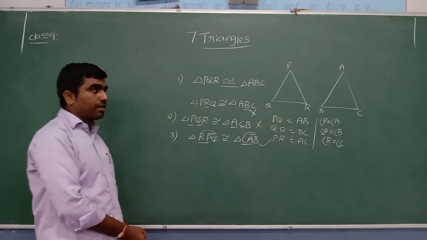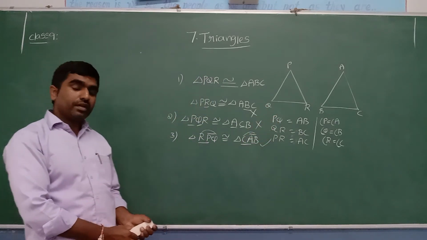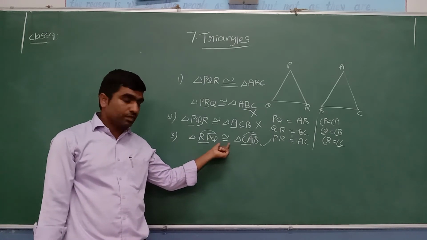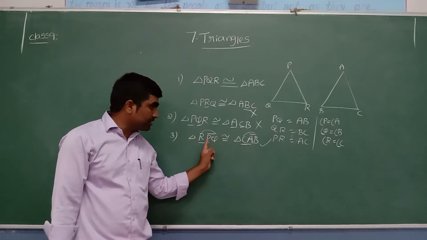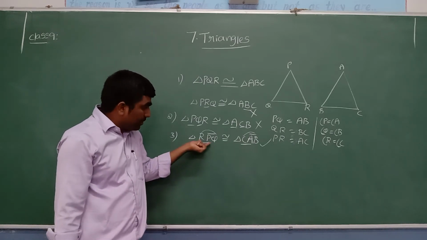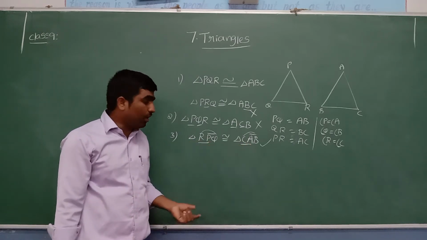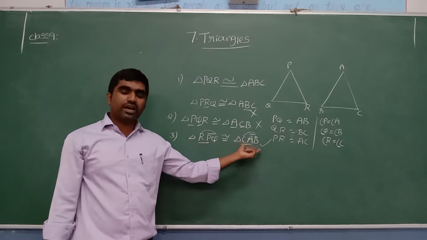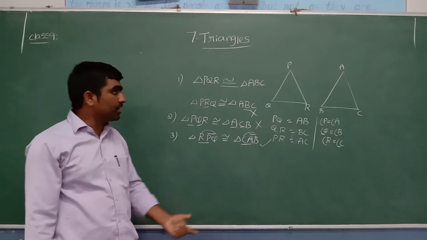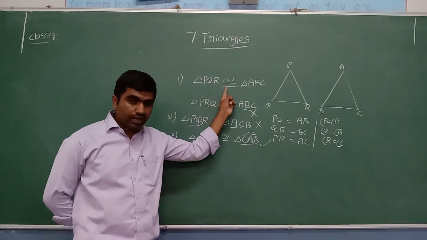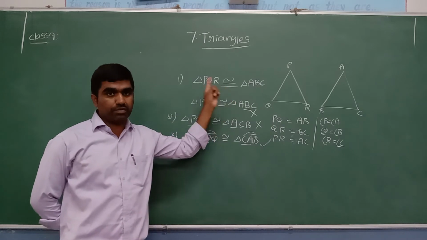Even here you can see corresponding sides are equal and corresponding angles are equal. We can represent it like this also. Corresponding angles must be in the same places, and corresponding sides must be the first two, or the last two, or the first and last. This is the way we can represent two triangles using this symbol, which we read as "is congruent to".